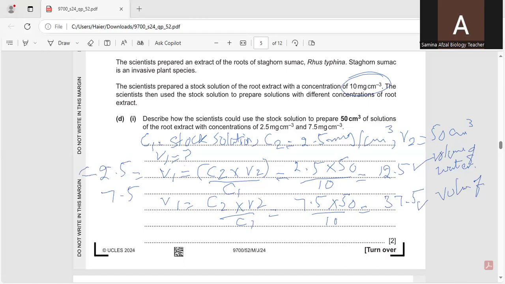For 2.5, the volume of stock will be used as 12.5. This is 7.5, and 12.5 and 7.5.